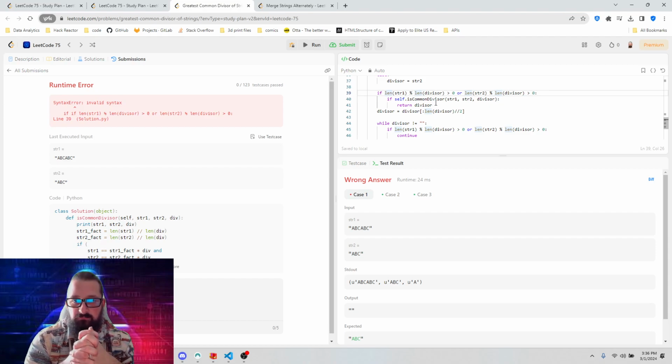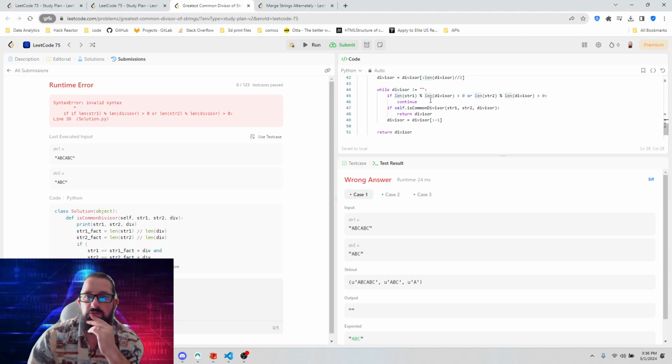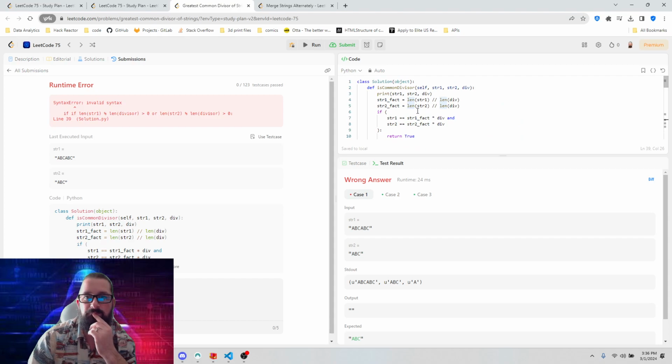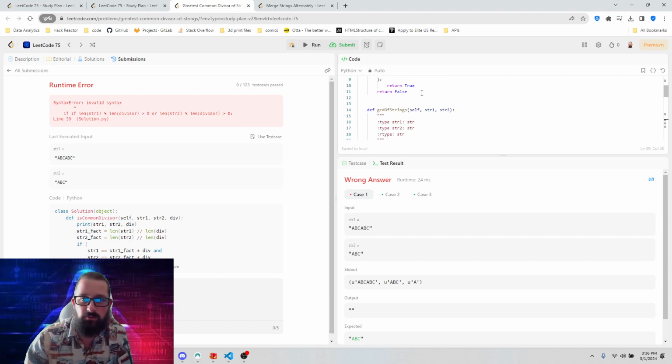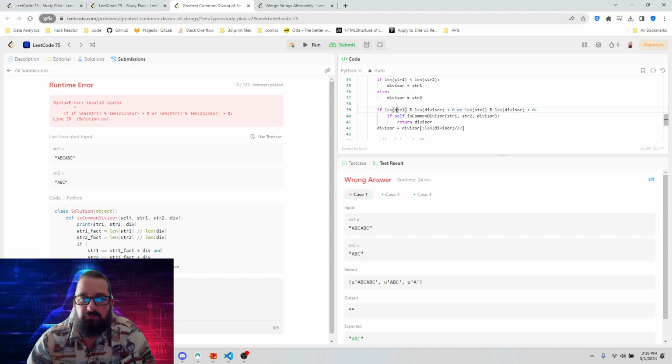So in the case of this one, this actually didn't run the first time, which is the problem. Why didn't it run the first time?